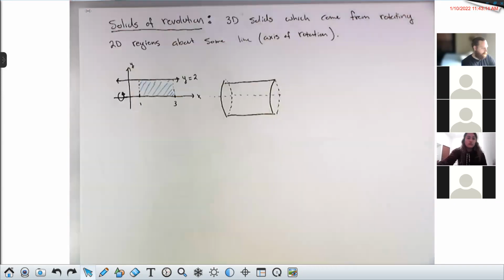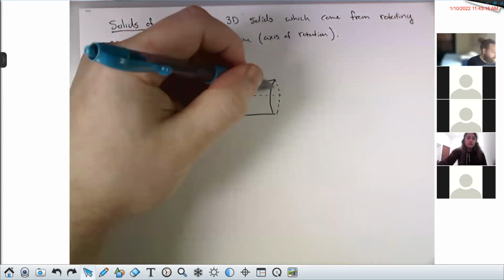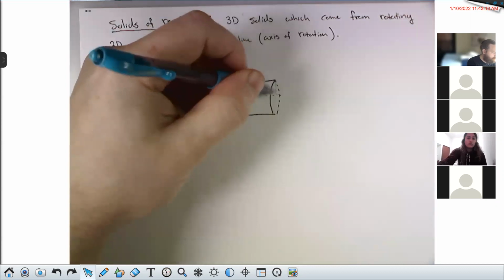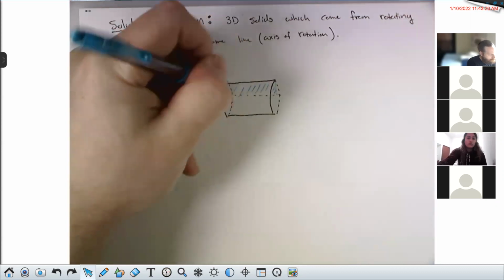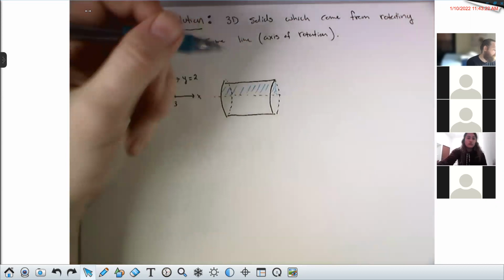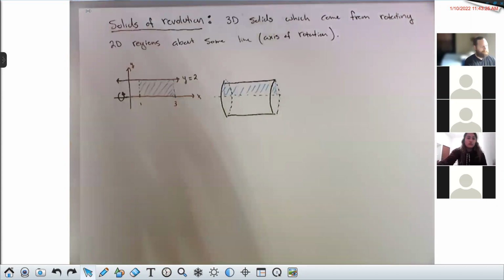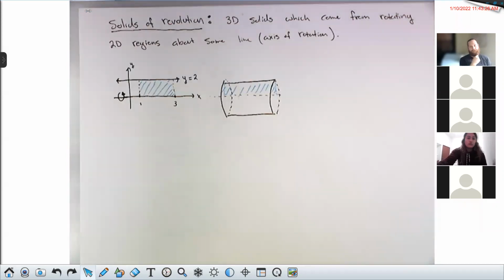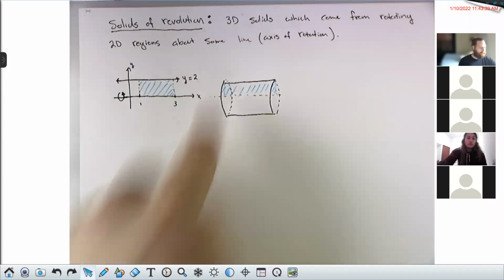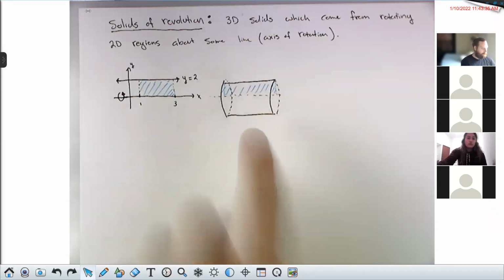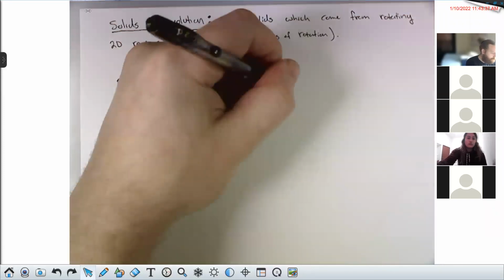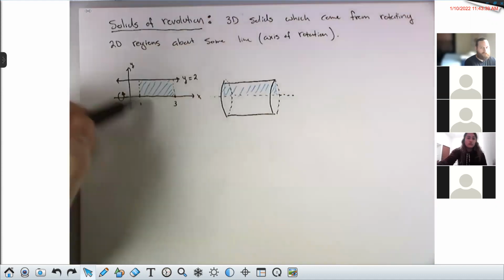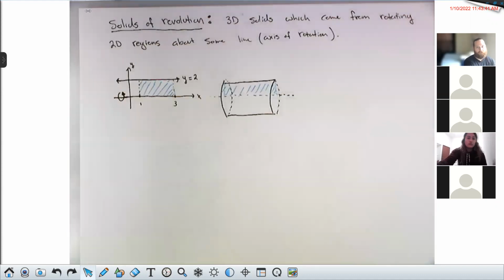All right, so as that region rotates, it will sweep out a cylinder like this. That's the idea. This is a solid of revolution. It is the solid that is obtained by rotating this region about the x-axis.